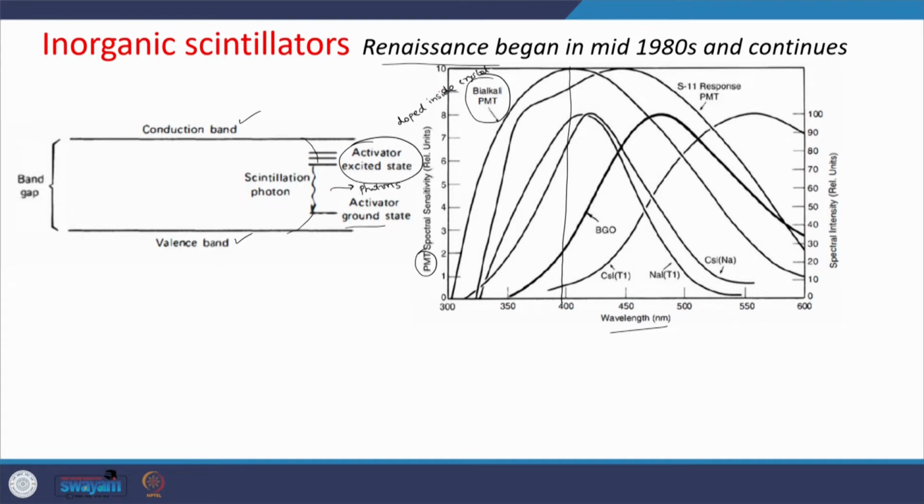In this diagram for various detectors, you can also see cesium iodide, whose maximum wavelength is about 550 nanometers. So, for this, a bialkali PMT is not very much suggested, whereas for sodium iodide, if you see, it emits photons whose wavelength varies like this, and the maximum wavelength is around 420 nanometers, and even for bialkali PMTs, the maximum sensitivity is at about 420 nanometers.